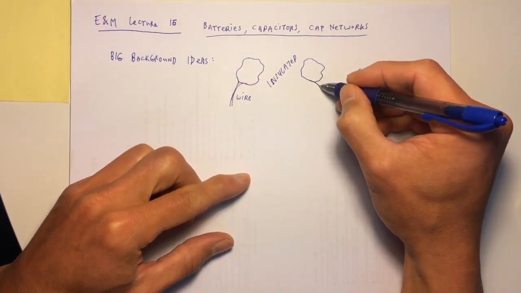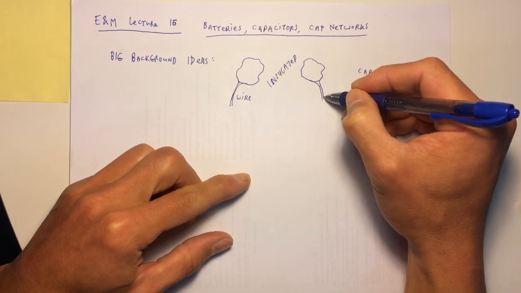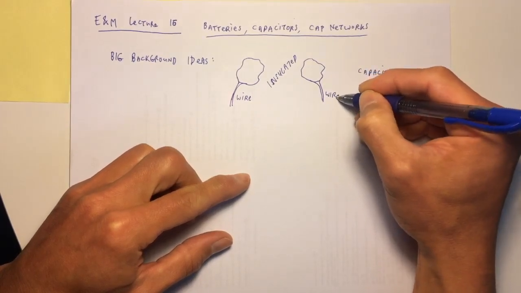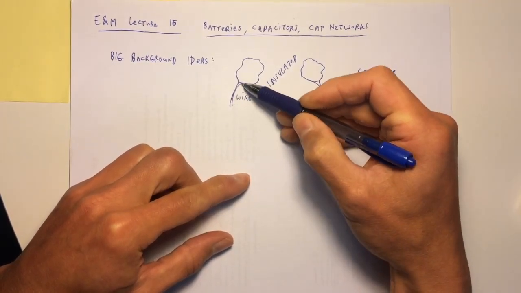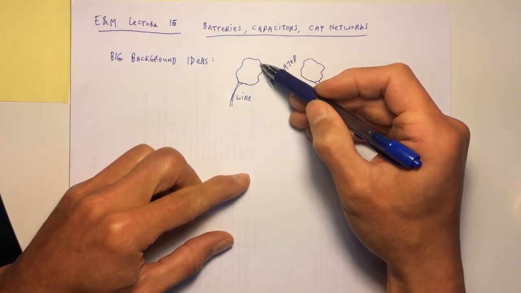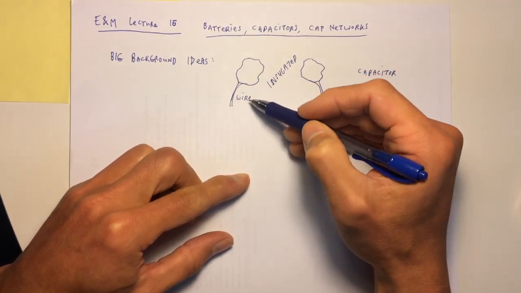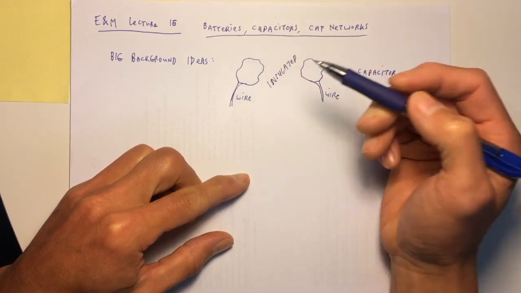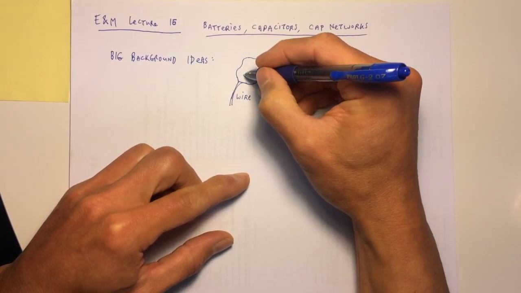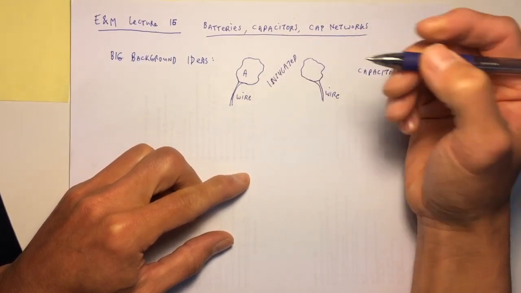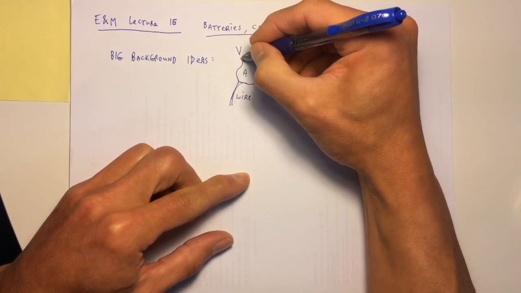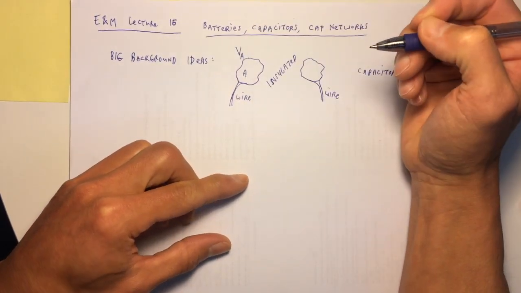And let me pinch and pull a wire from this conductor. Since this conductor is touching this other conductor, all of this object is at the same potential. So if I call this conductor A, this thing might have potential V sub A.